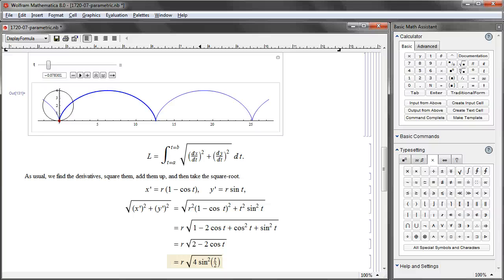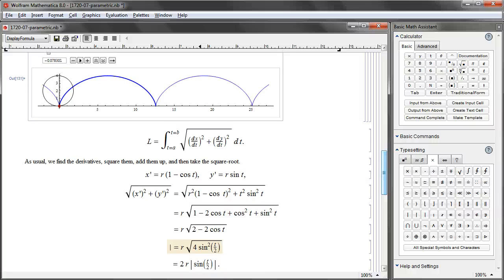Consequently, we can pull the sine function outside this square root. We end up with this. In practice, you don't have to worry too much about this absolute value sign, because we are looking for an integral from 0 to 2 pi, the single arch of this cycloid. When t is between 0 and 2 pi, t over 2 is between 0 and pi, consequently the sine function is always positive there.